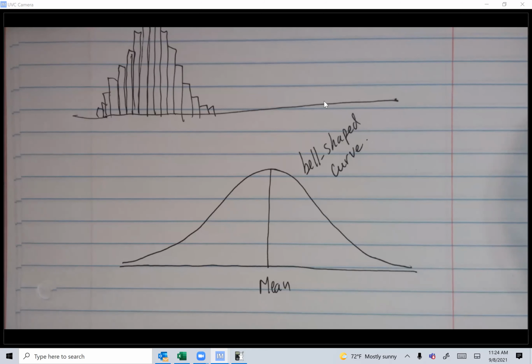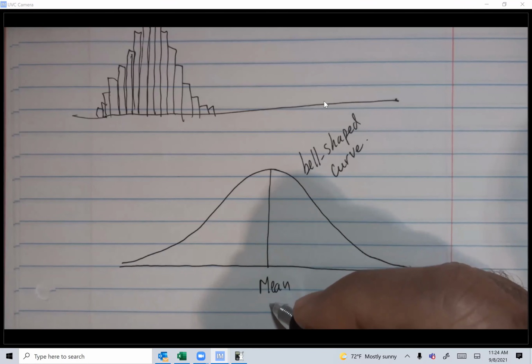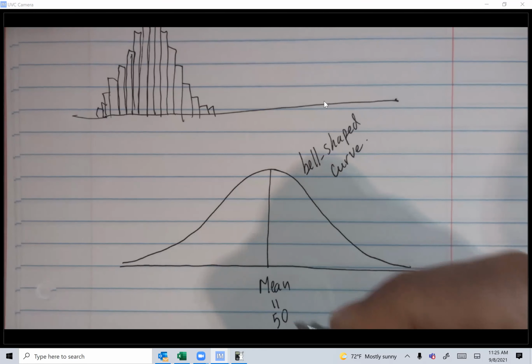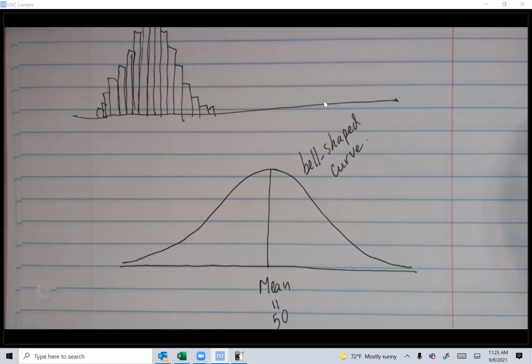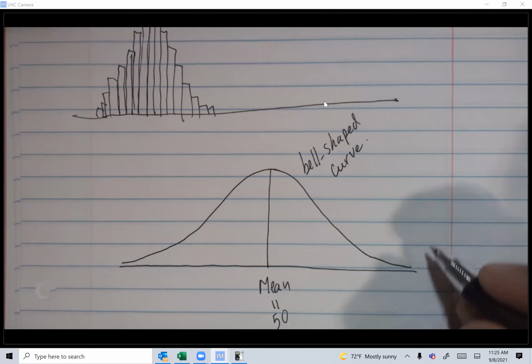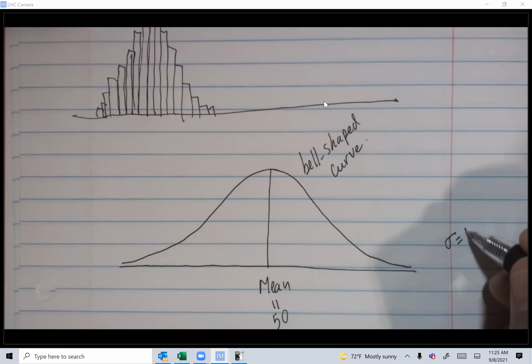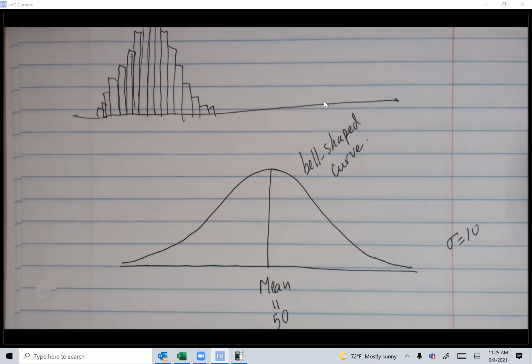Let's suppose we have a data set and we know that the mean is 50, for example. We found the mean to be 50. And we find the standard deviation to be 10. So sigma is 10, guys, or S. I can use sigma or S. It doesn't matter. Let me tell you how we scale this number line.